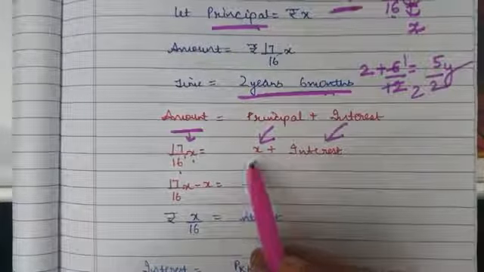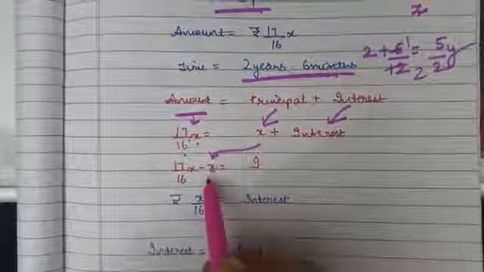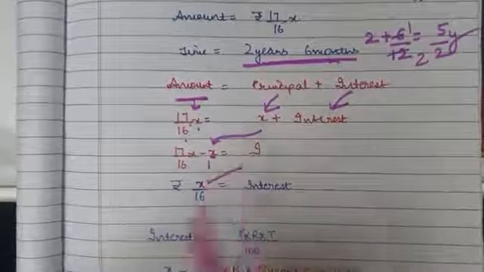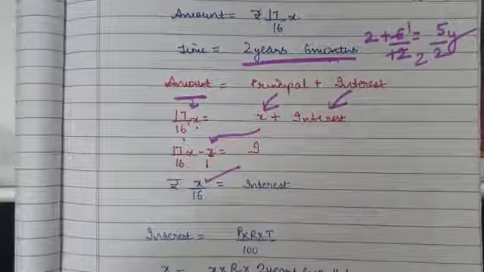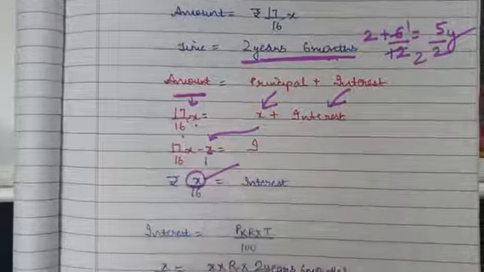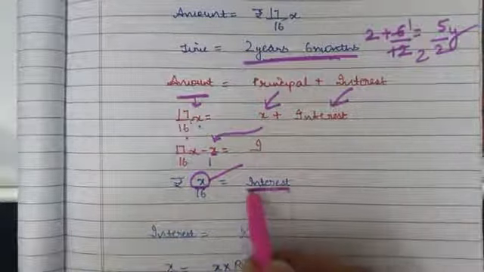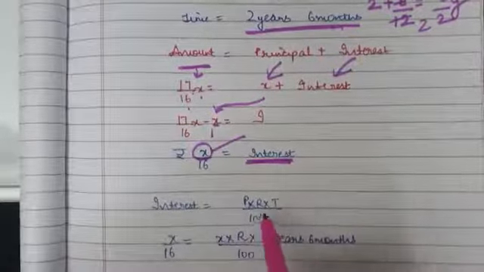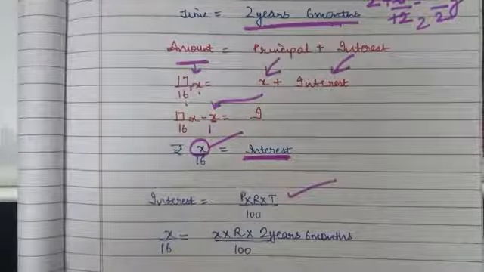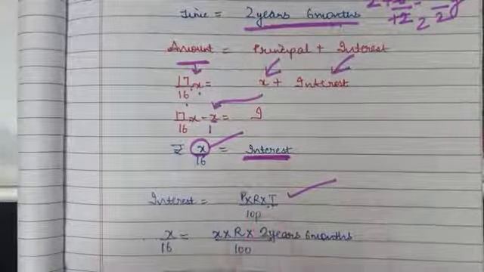Now x will shift to that side. Now take the LCM. So what we get? We get x upon 16. Now we have to find this value. Clear? Now interest formula we know, so let us put its formula. That is P, that is principal into rate of interest into time upon 100.